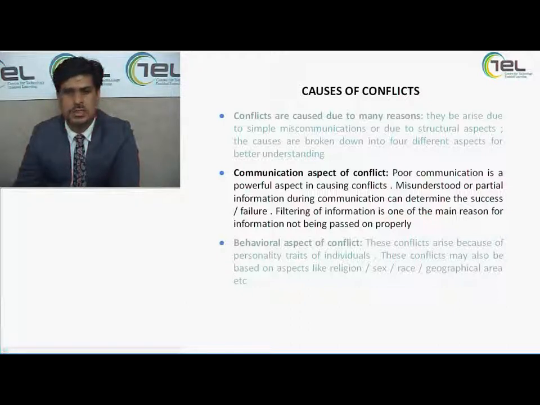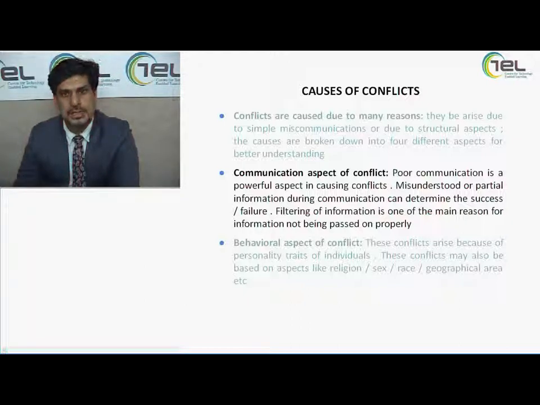Let's understand what this means and what it says. If communication is not proper, it will lead to conflicts as simple as that. If communication does not carry on in the prescribed format with the prescribed information, it will lead on to either miscommunications, or misunderstandings, or partial information.